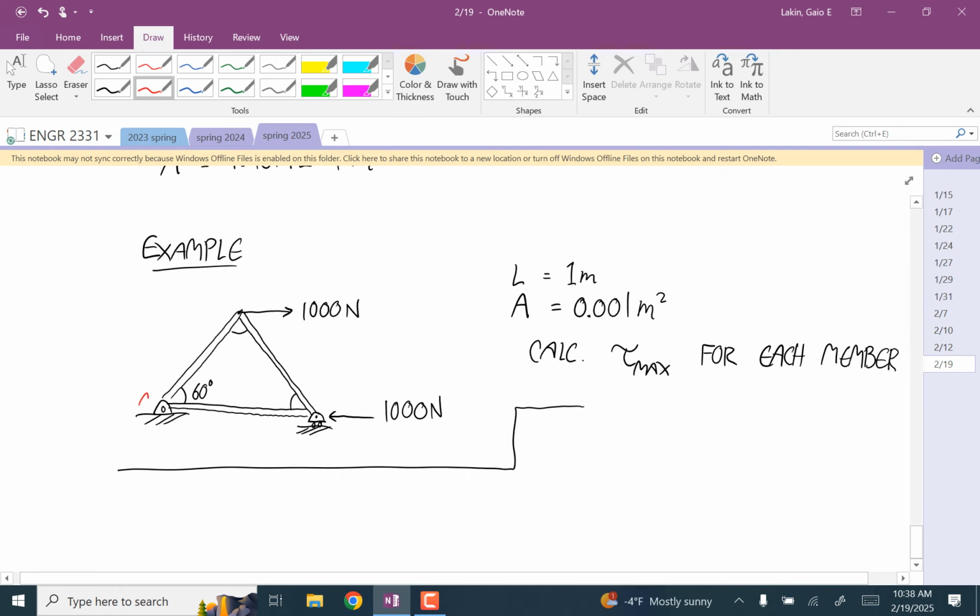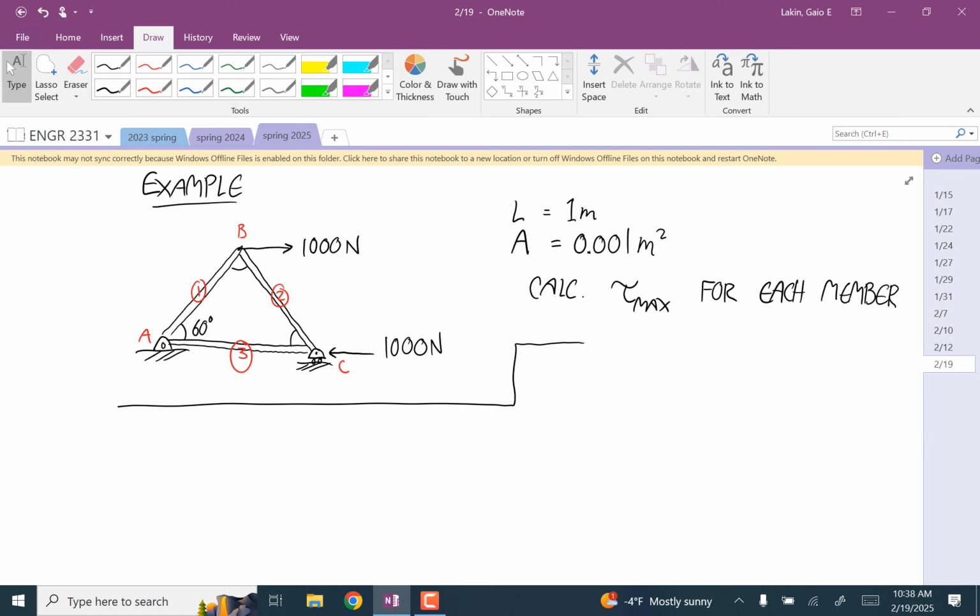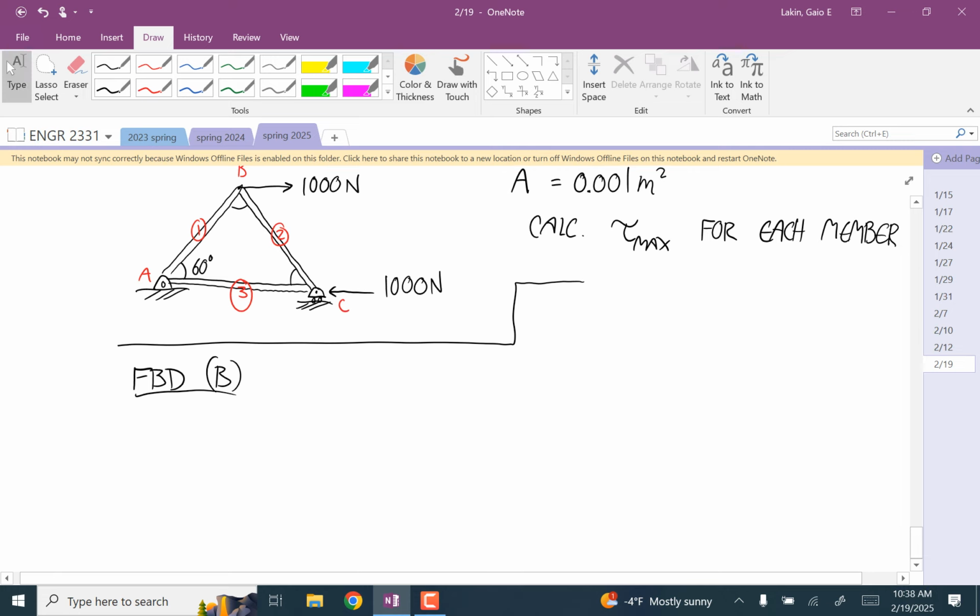Okay, so I'm going to label these joints A, B, C, and the members 1, 2, 3. And I'm going to start with B. So free body diagram of B. We have F1 there, F2 there, and 1,000 here.